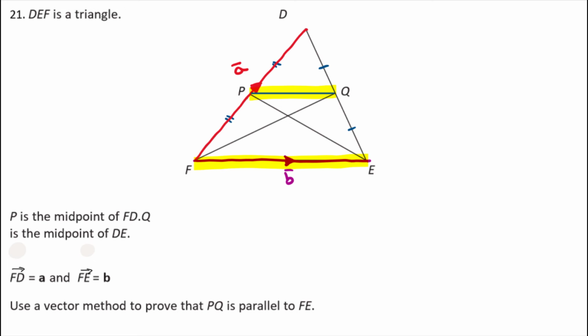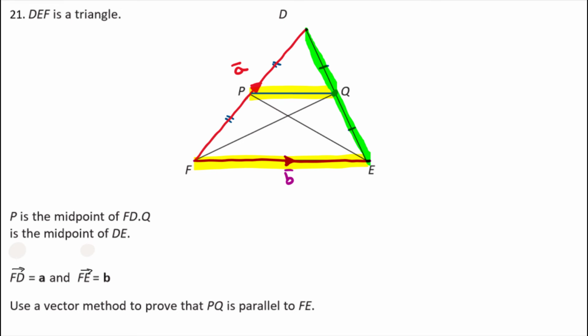Right, so how are we going to do that? Well, our first problem is Q is a point not on one of our vectors A or B. So we can't get to point Q currently using the vectors that we know. So how can we get to Q? Well, we could get to Q down this way. Now, I don't know that vector line from there to there, but I do know that this entire line here, D to E, is the same thing as going via the other way.